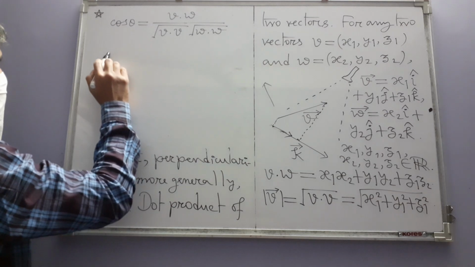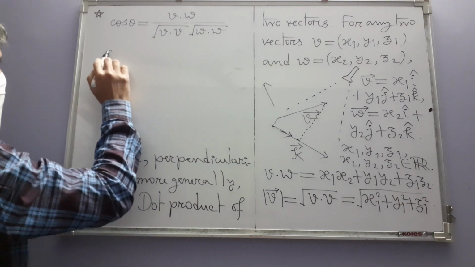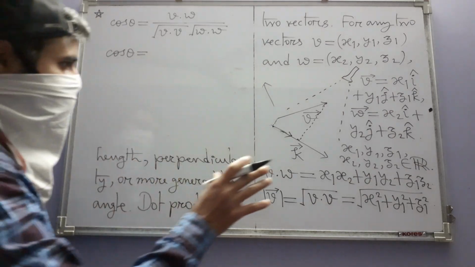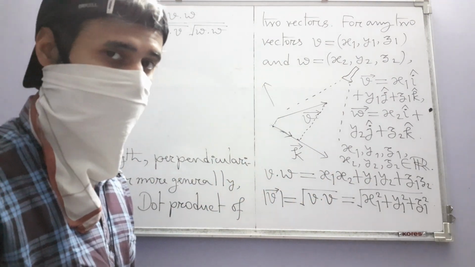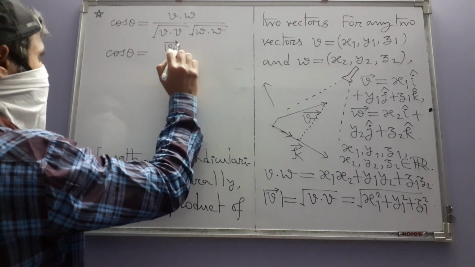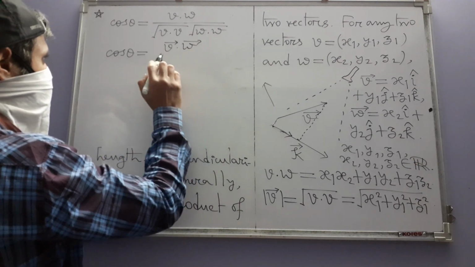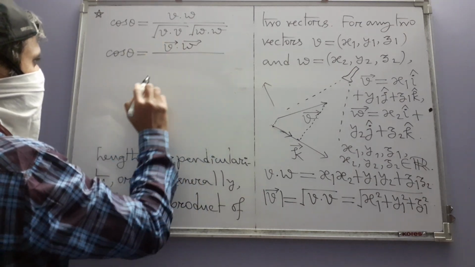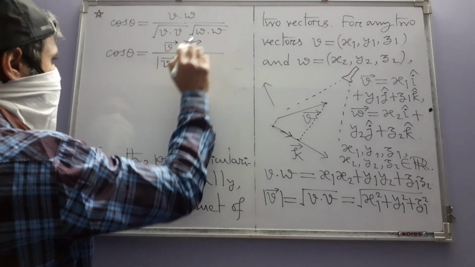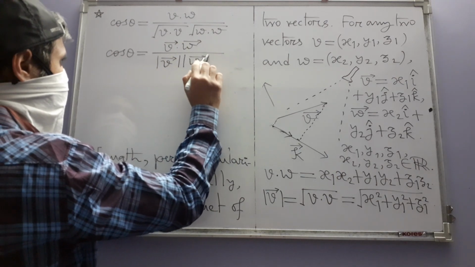Because if you write this in your more familiar vector analysis notation, then this is v dot w, and this is the length of v, and that is the length of w.